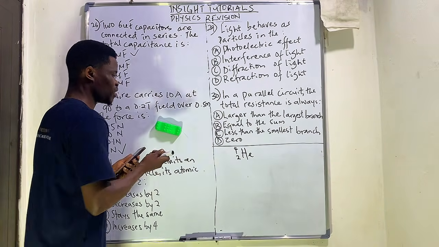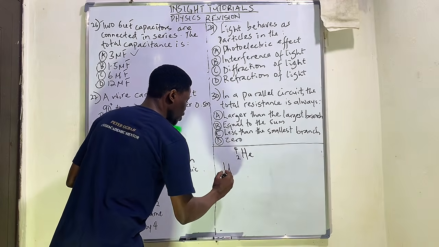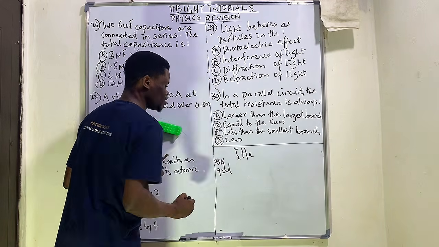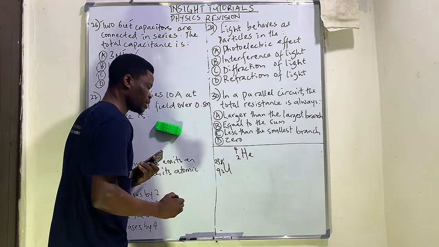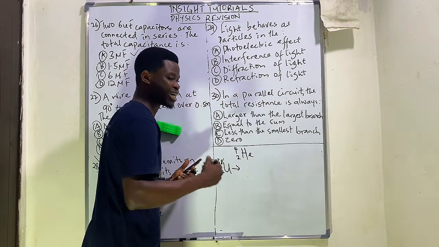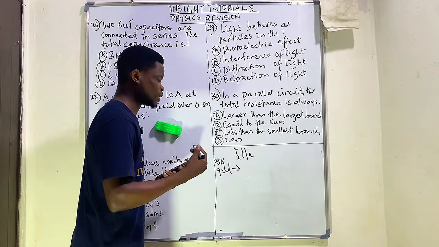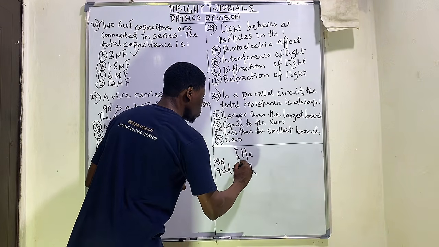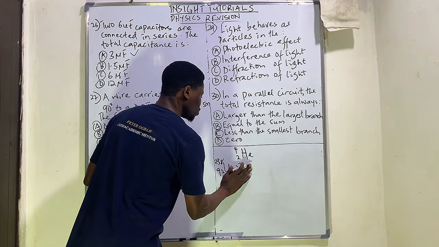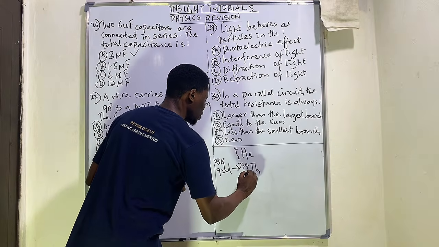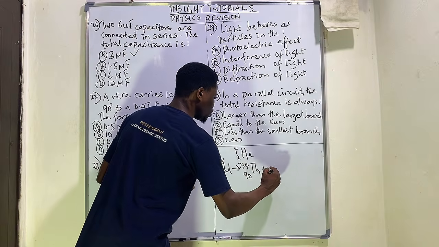Take for example, if we have a uranium particle of 238 in its mass number and 92 in its atomic number, it's going to undergo decay, and if it's alpha particle decay, it's going to be reduced to thorium, which is 234 in its mass number and 90 in its atomic number, plus an alpha particle.